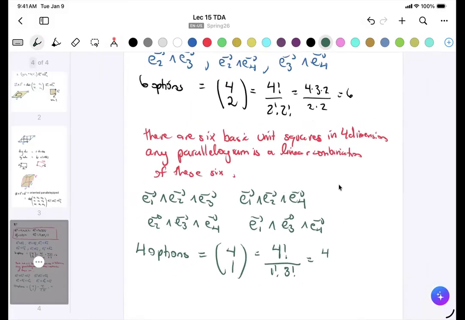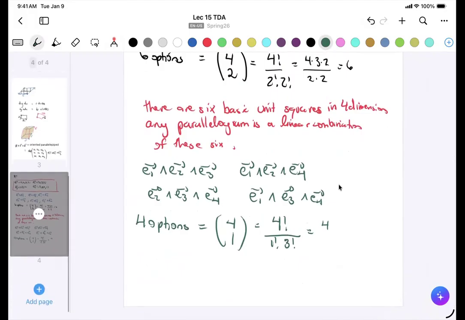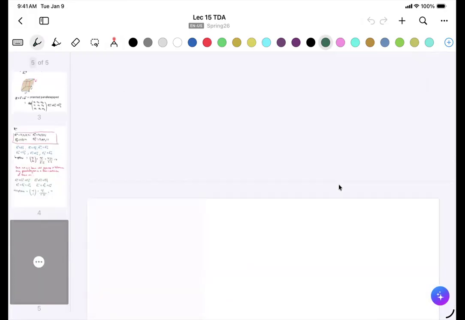How would you show that these are actually independent? Well, okay, let's see. I'm just trying to say if you can do... Let's try to think about it.